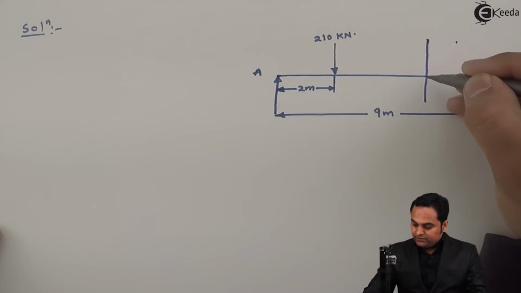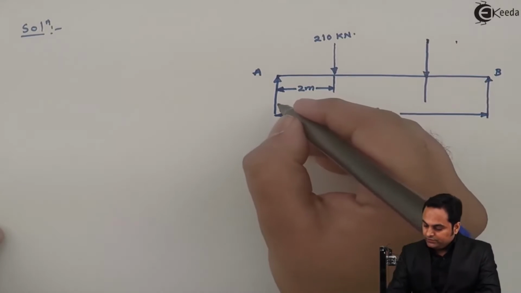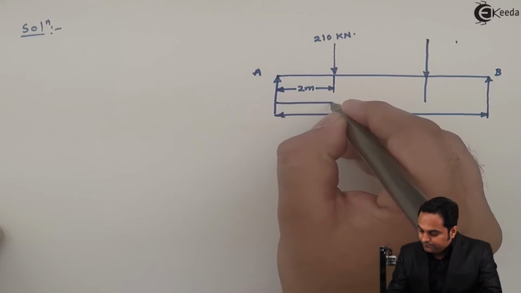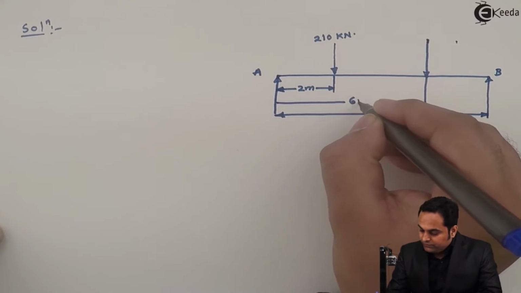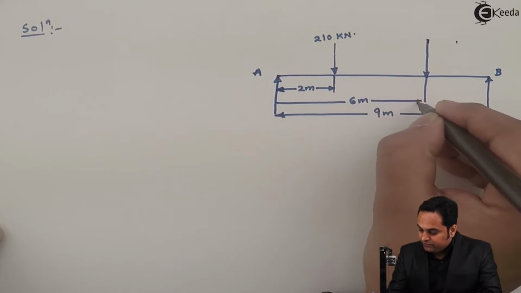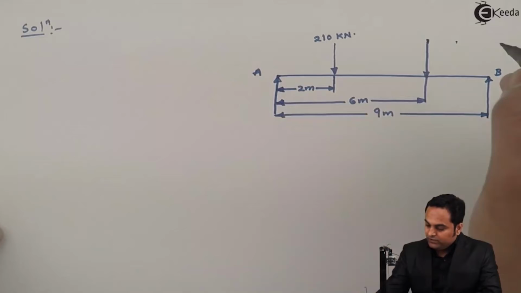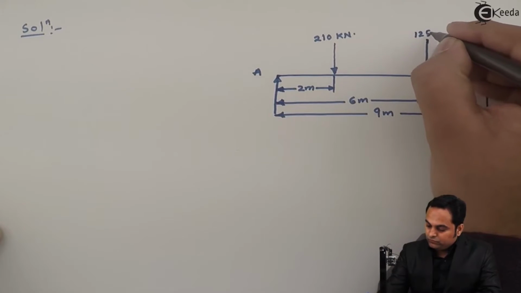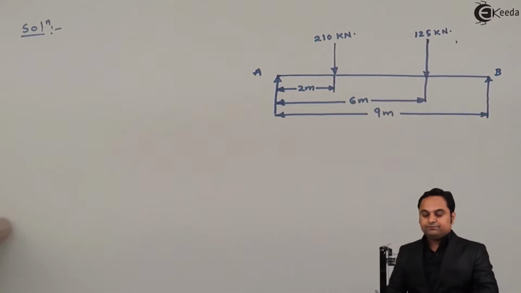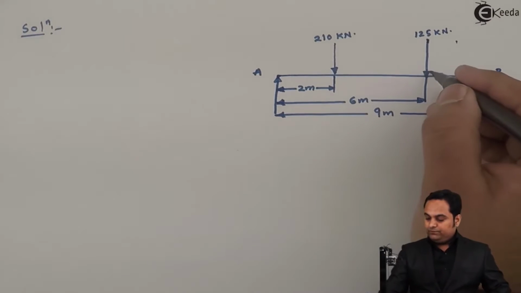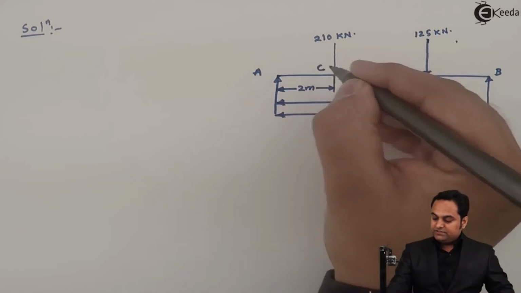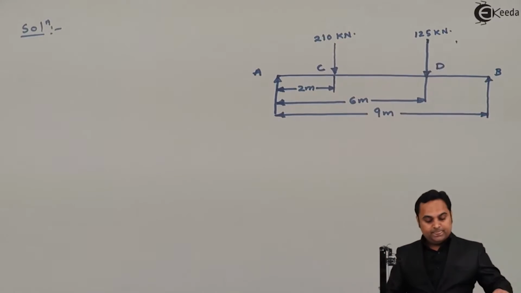So here I am marking the distances and indicating the load. So 6 meter from the left hand support, we have a load of 125 kilonewton.